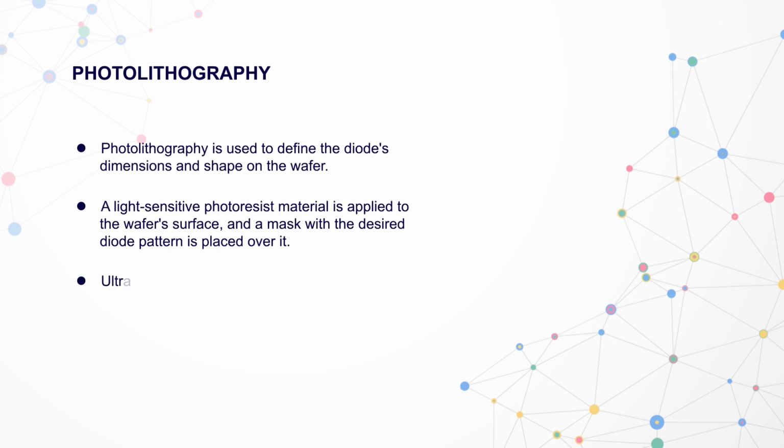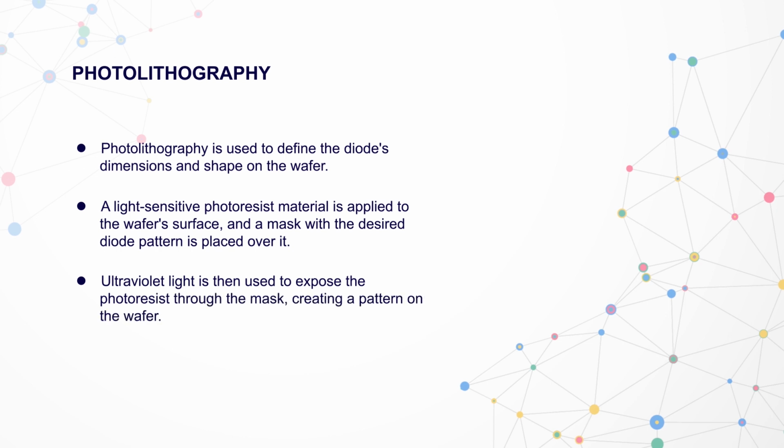Ultraviolet light is then used to expose the photoresist through the mask, creating a pattern on the wafer, and from that we can identify the p layer and n layer. After photolithography, the diode dimensions and shape are defined, and we can clearly see the layers on it.